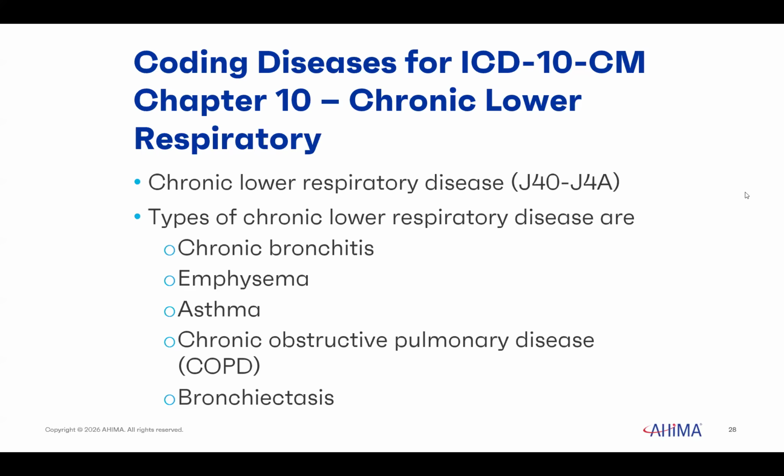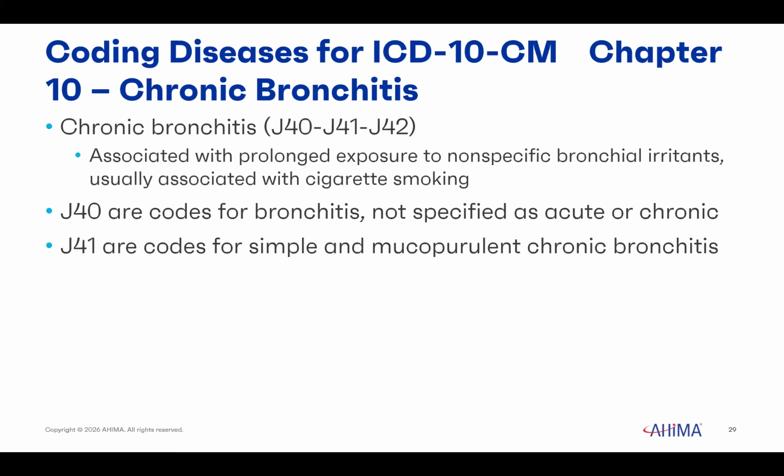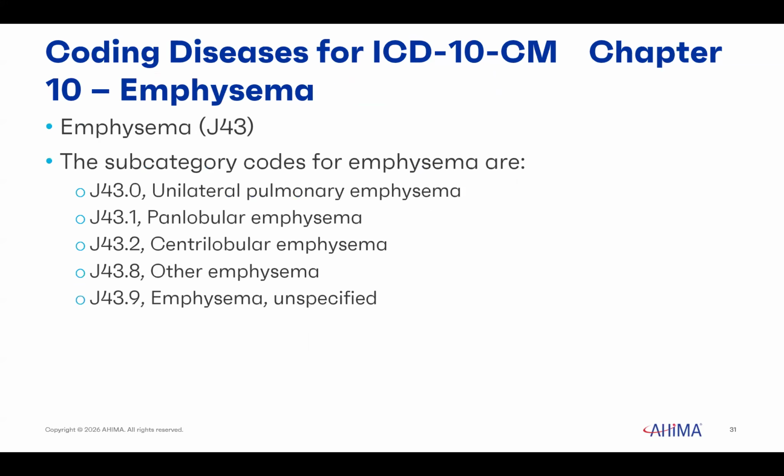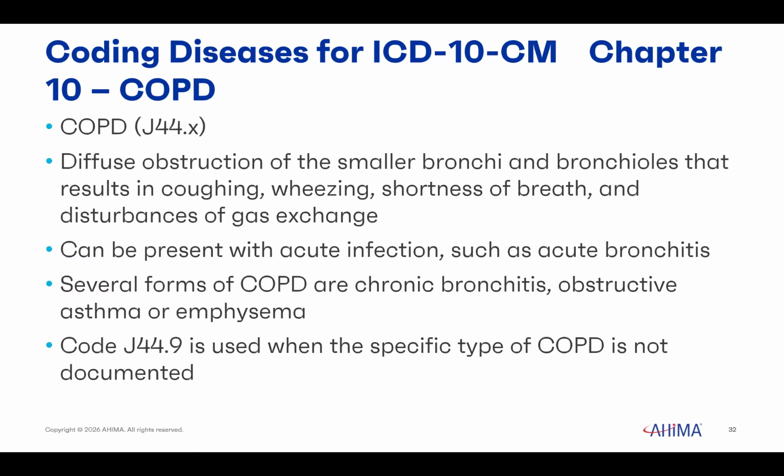If you're not sure exactly what these things are and what they mean, you may want to consult a medical dictionary. Chronic bronchitis, we've covered a little bit. I'm not going to revisit that. Emphysema, again, good review. A lot of times you see this in relation to COPD. And then, of course, we have COPD.